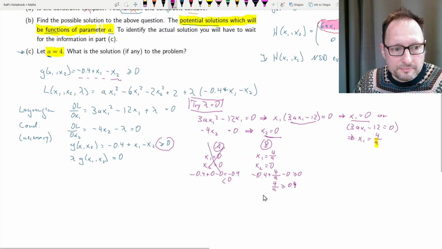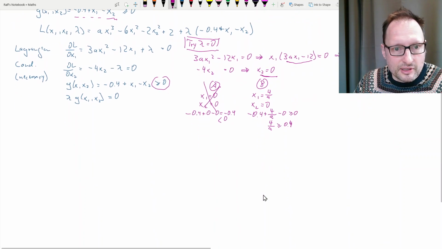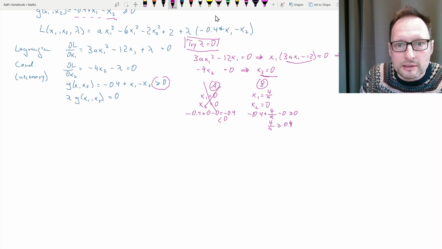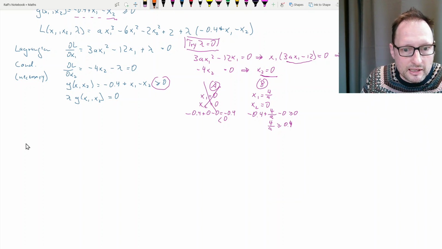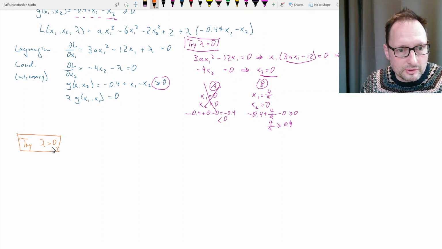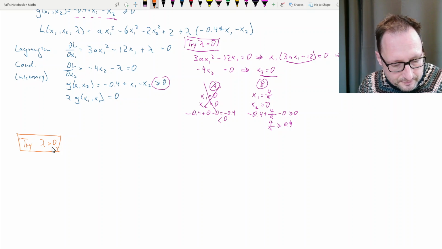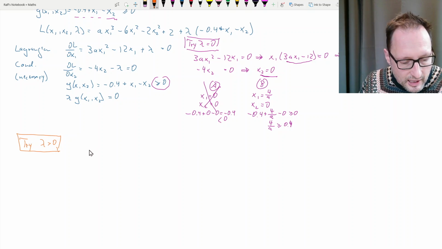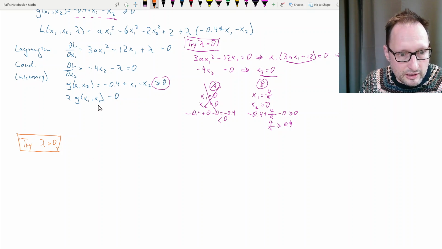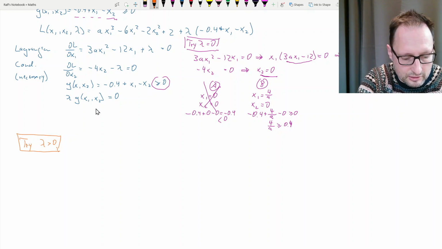So let's move on. I'll move this up here, and which color shall I use? I'll use orange now. Let's try lambda larger than 0. So you can see our problem here. Let us now write down what the Lagrangian conditions are.